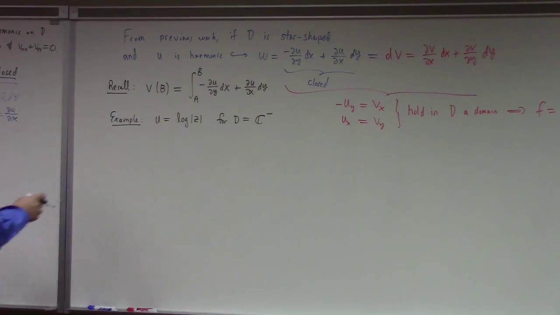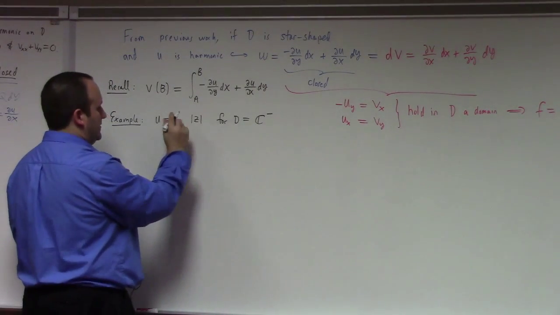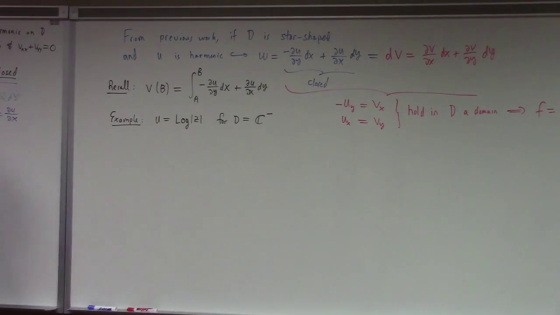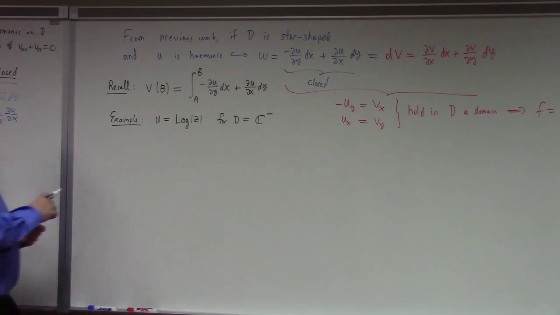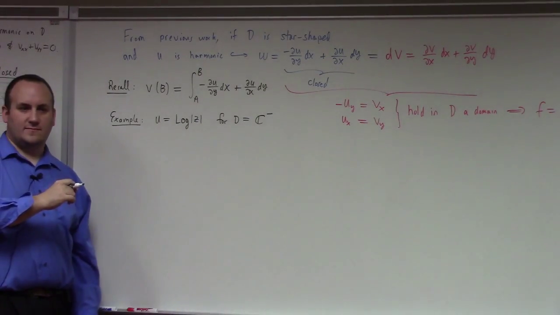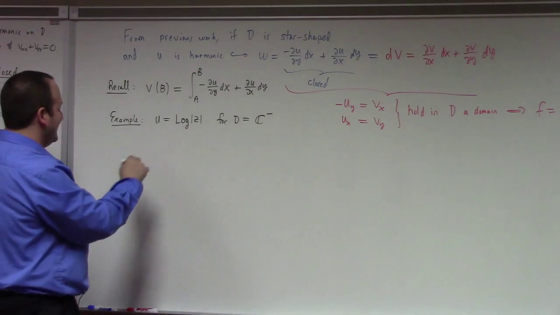So goodness gracious, I guess I should probably say principal log, huh? Let's be specific. All right. Is this harmonic? Well, if we're going to check directly, let's see here.